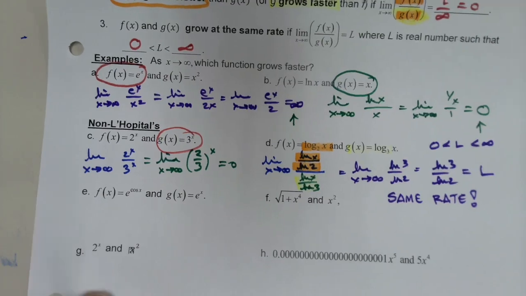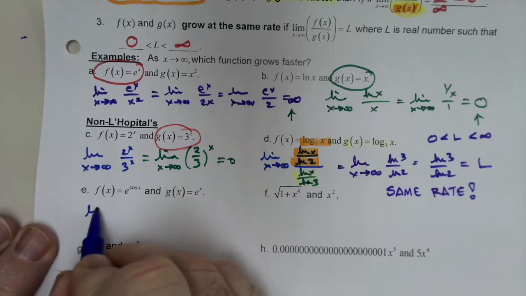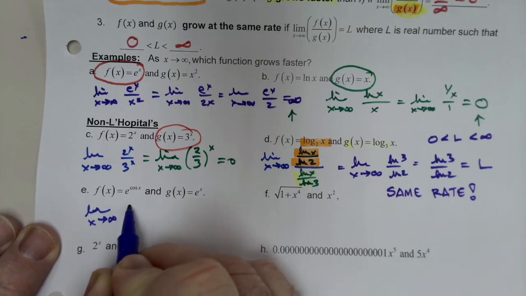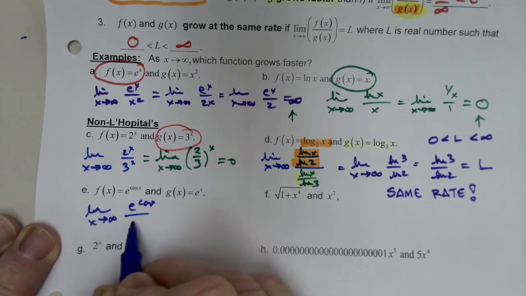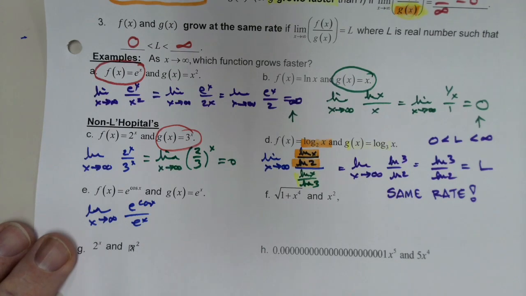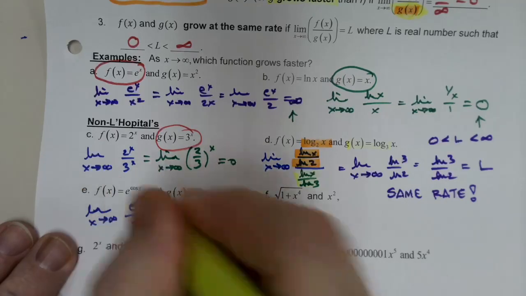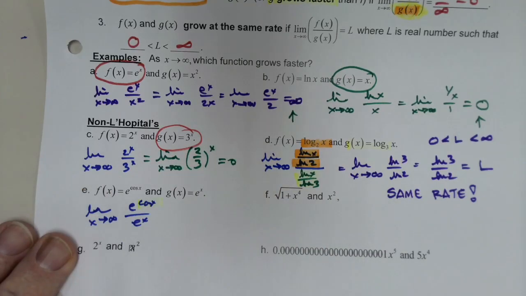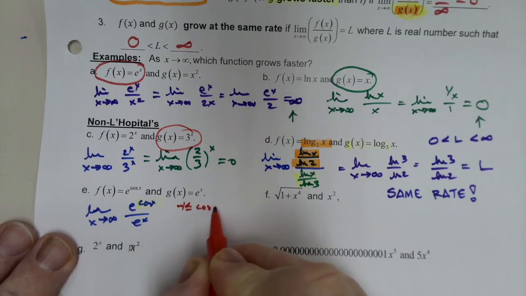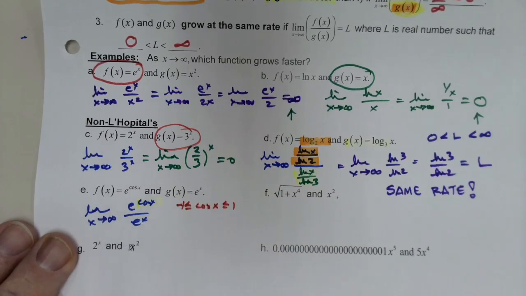And again, we're going to quickly take a look at these and consider them as if we were applying the limit as x goes to infinity of e to the cosine of x divided by e to the x. Looking at this, we're kind of in that same boat of L'Hopital isn't really helping me here. But let's think about this. The cosine of x is always going to be greater than -1 and less than 1.